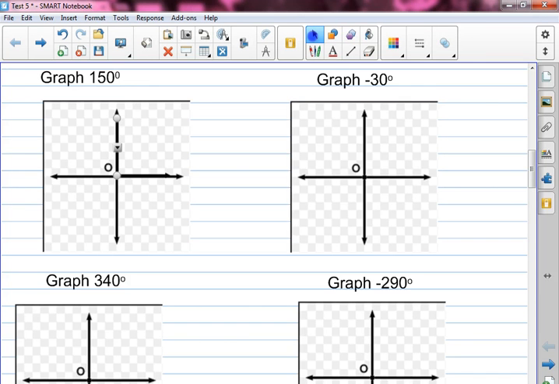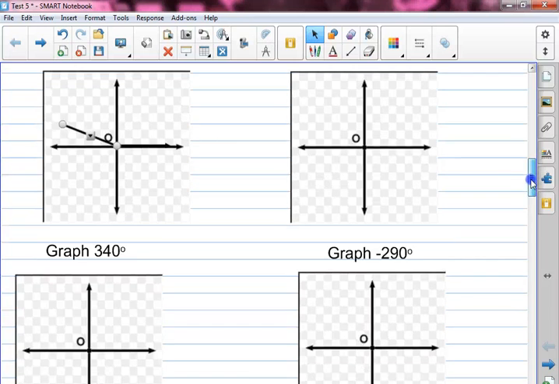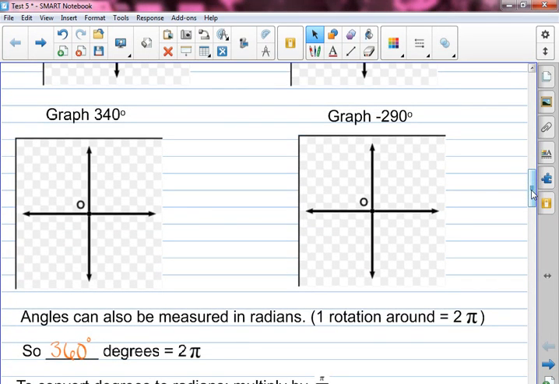Am I done? No. I still have some more degrees to go. So I go down to 180 degrees. Did I go too far? Yes. It is right about here. It's 30 degrees away from 180. So it's about right there. Obviously, we're not using a protractor. We're not getting super technical. We are just estimating.